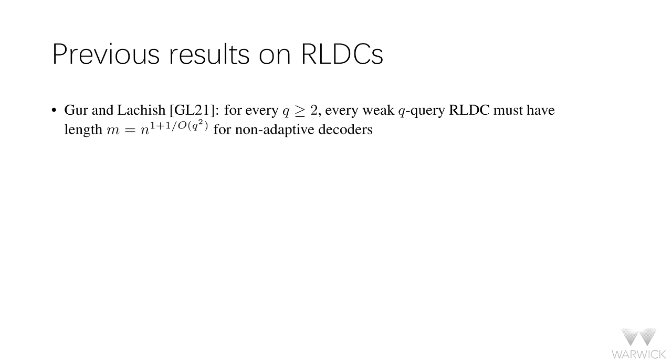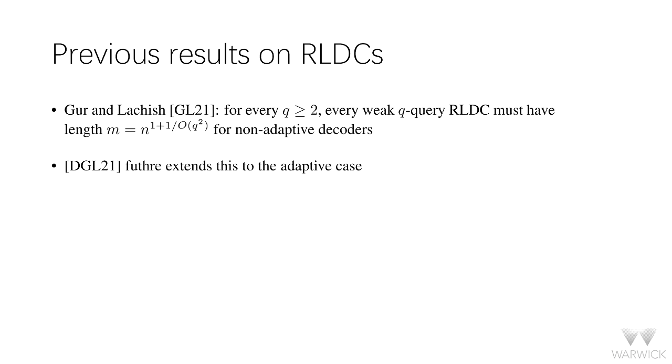Then Gur and Lachish '21 show that for every Q which is at least 2, there's a lower bound. For every weak Q-query ILDC, it must have length m equal to n^(1+1/O(Q²)) for non-adaptive decoders. Then DGL '21 further extends this result to the adaptive case.